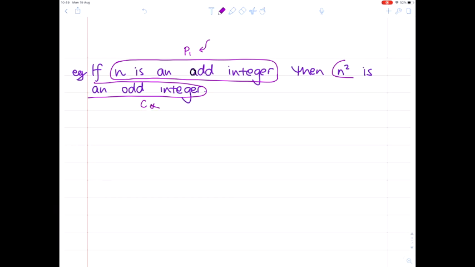Okay, so let's begin. Let's assume that P1 is true, so n is an odd integer.